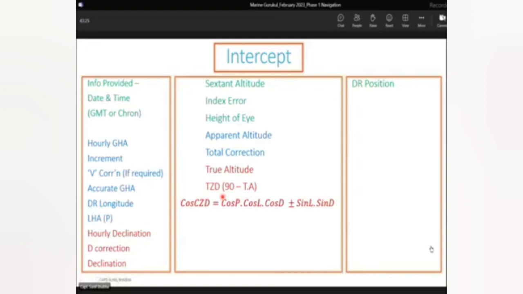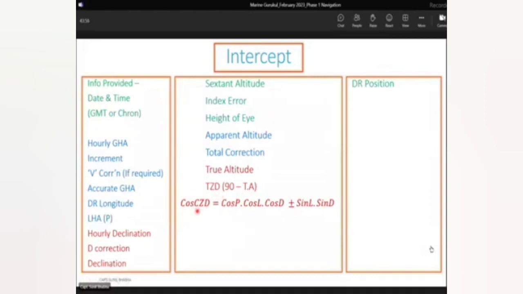The second one is MZD, meridional zenith distance. If we get this true zenith distance at the time of meridian passage, Mer Pass, just to differentiate it from a normal zenith distance, it is named as MZD. So MZD is nothing but the true zenith distance at the time of Mer Pass or at the time of meridian passage of the body.